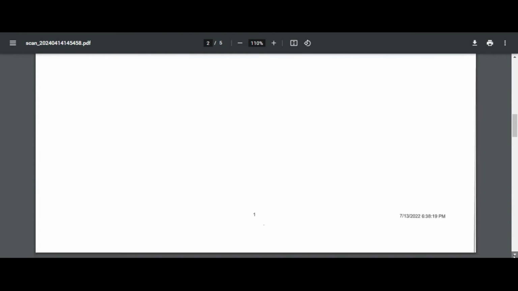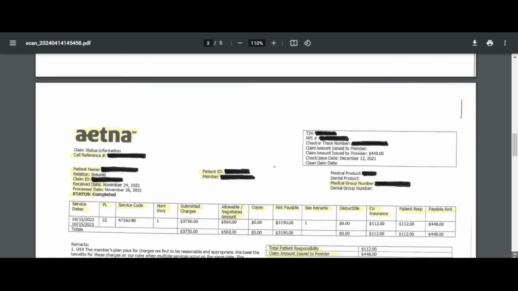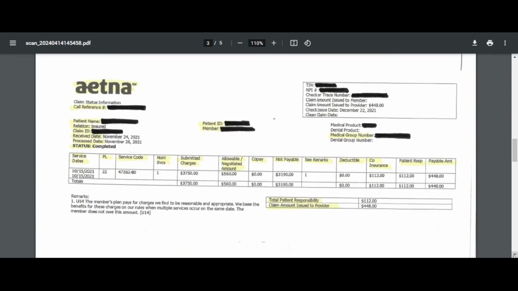Now, remit number 3 is for Aetna. And Aetna is a well-known payer. You have that information up top here to let you know that it's Aetna. Then you go over to the right, you see the TIN, the NPI, and the TIN is your tax ID number. It's also called an EIN number.